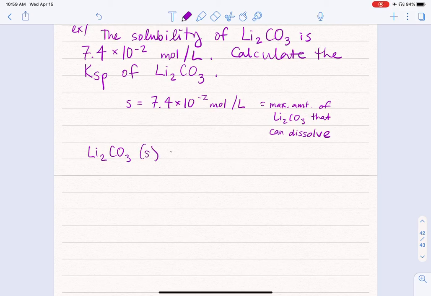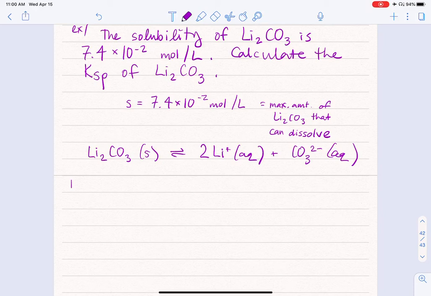When I put that salt in water, I am going to get 2 lithium plus 1 ions and a carbonate anion. And of course, carbonate is a complex anion. It has a 2 minus charge on it. Something you can figure out from the stoichiometry of the salt, or you might have memorized the carbonate ion and its charge way back in Gen Chem 1. Either way, you can figure out what that is.